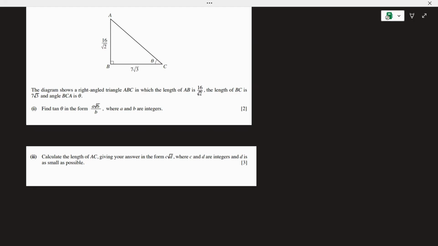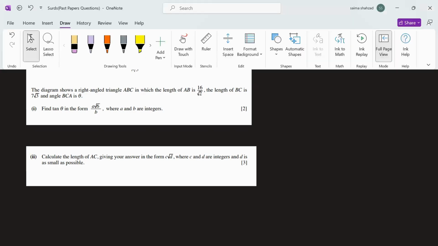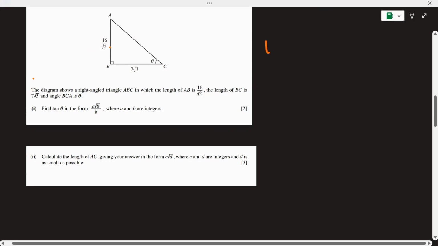Tan theta is equal to perpendicular over base, right? And how can you identify P and B?